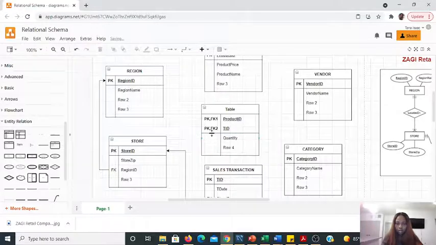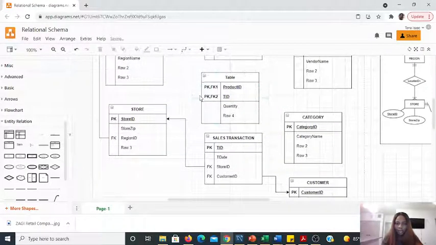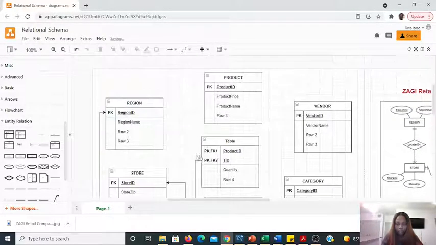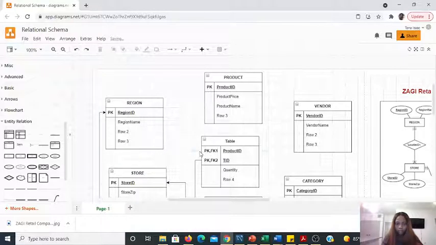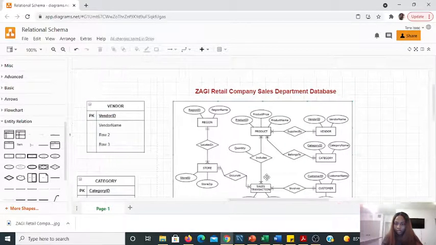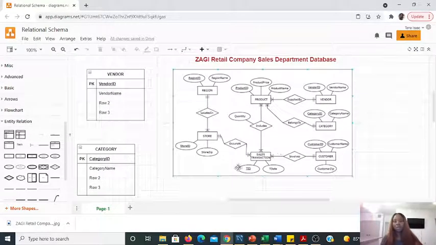So we'll go ahead and reference transaction ID to the primary key, and product ID as a foreign key with this. So that is settled.